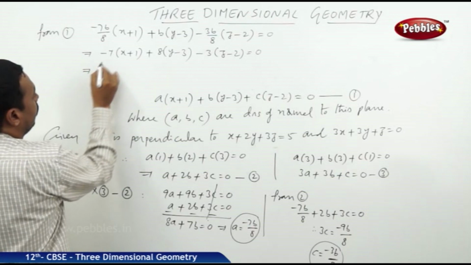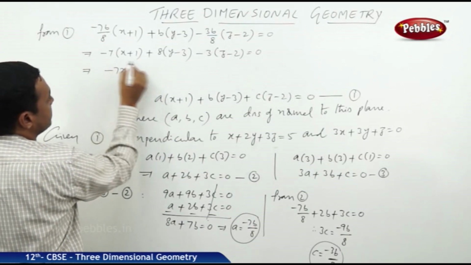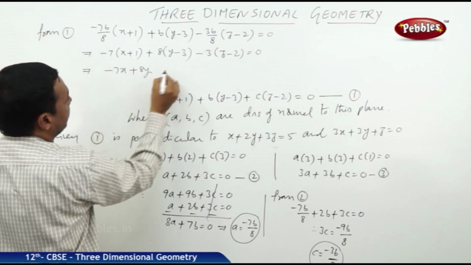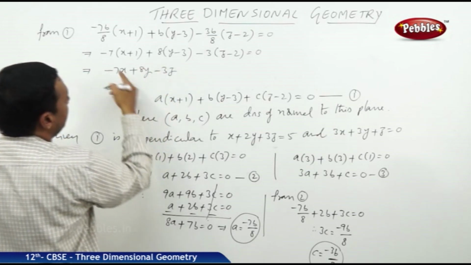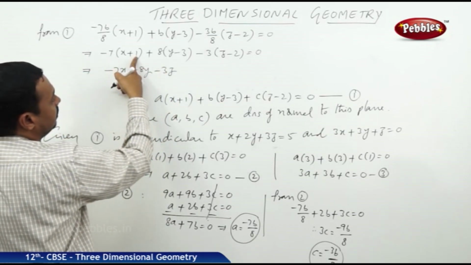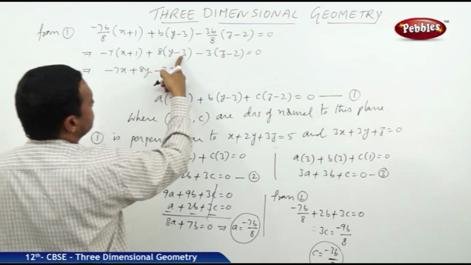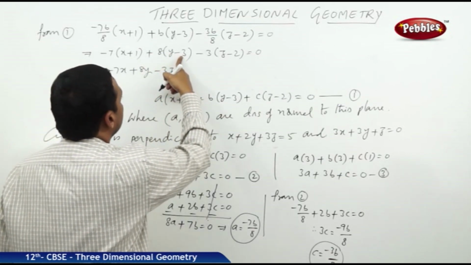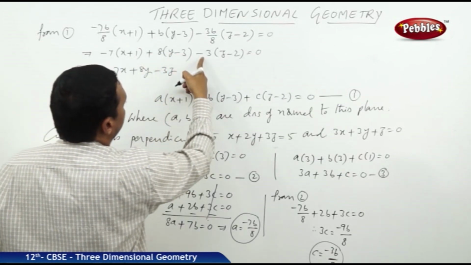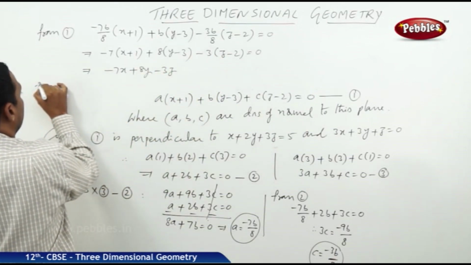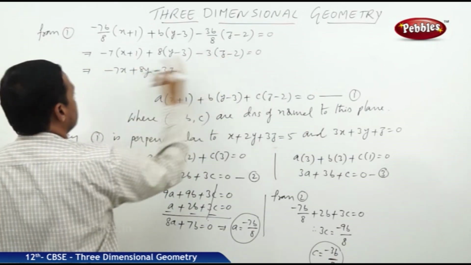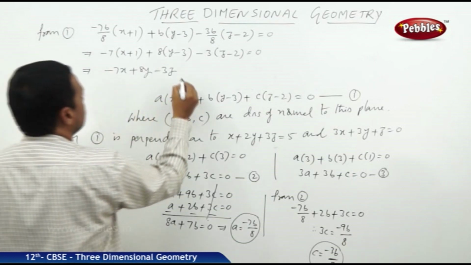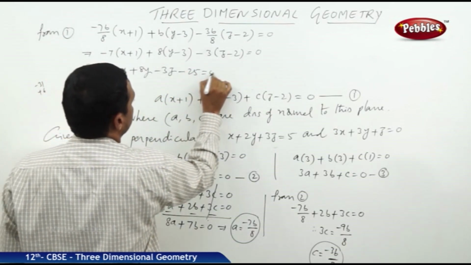Right, now on simplification, it is minus 7x plus 8y minus 3z, minus 7 minus 24 is minus 31, plus 6, that is equal to minus 25 is equal to 0.